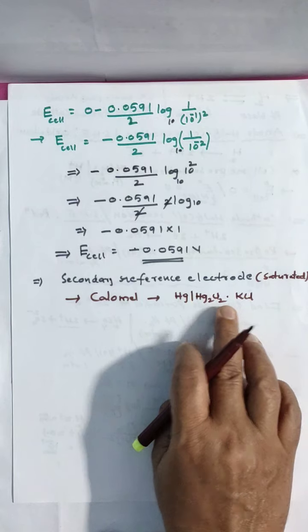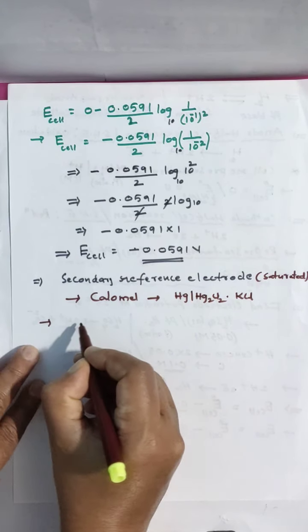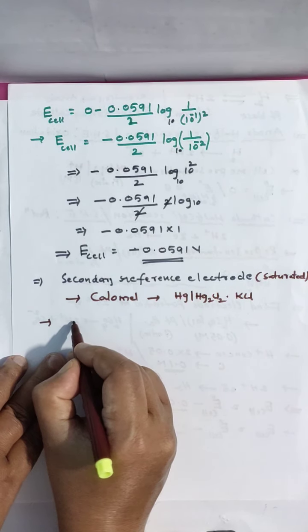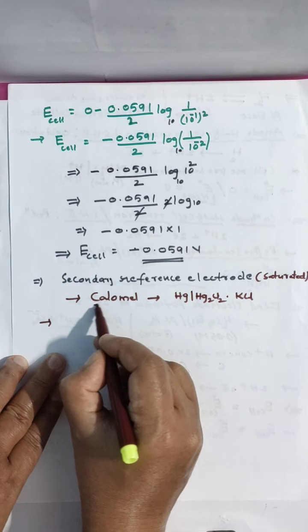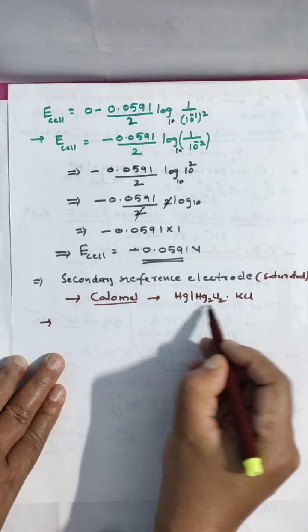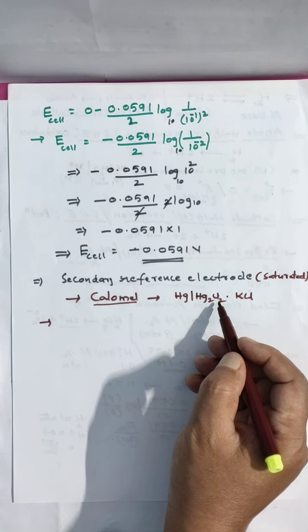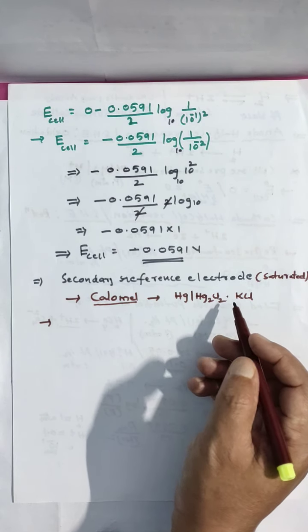Clear? Remember, the reference electrode is SHE. The secondary reference electrode is the calomel cell: mercury in mercury chloride solution.